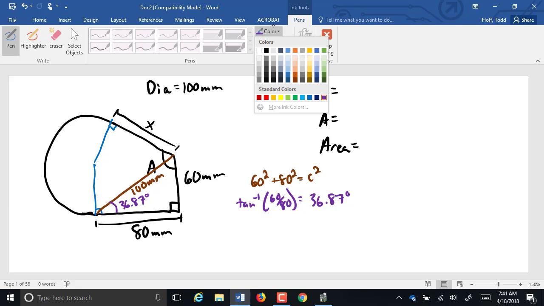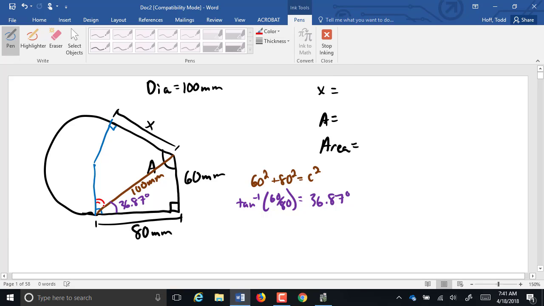Now that gives us what we need to find this angle. That angle is going to be 53.13 degrees. How'd we get that? Perfect, the complement of the 36.87.